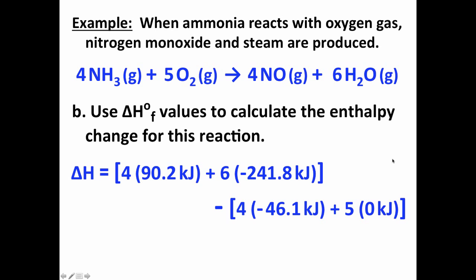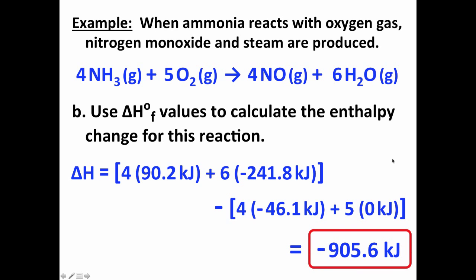And we plug all that in and get negative 905.6 kilojoules as the enthalpy change for this overall reaction. And if we can look up the values we're interested in the tables, then this is a pretty straightforward plug and chug process.